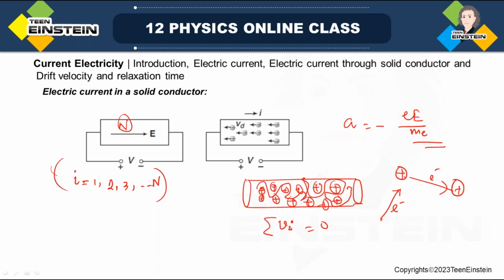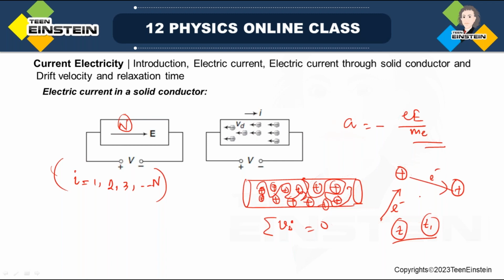The time interval between two successive collisions is T, say, and Ti is the time taken by individual particles. The individual electrons take very random times between successive collisions, not only T, it can be different.